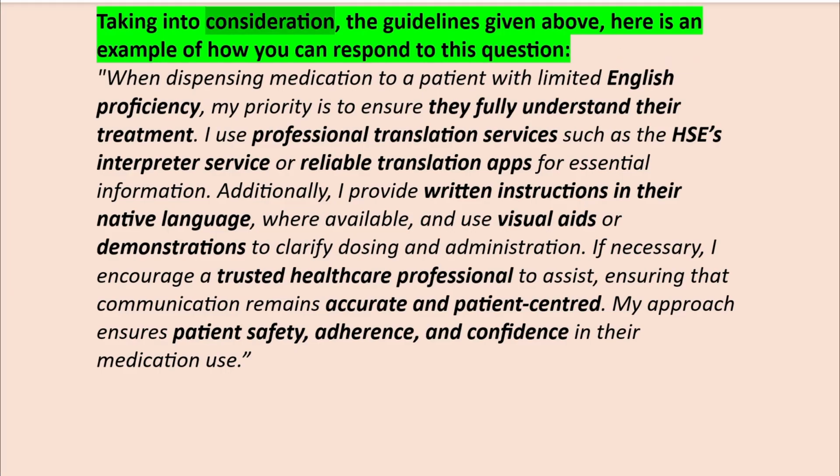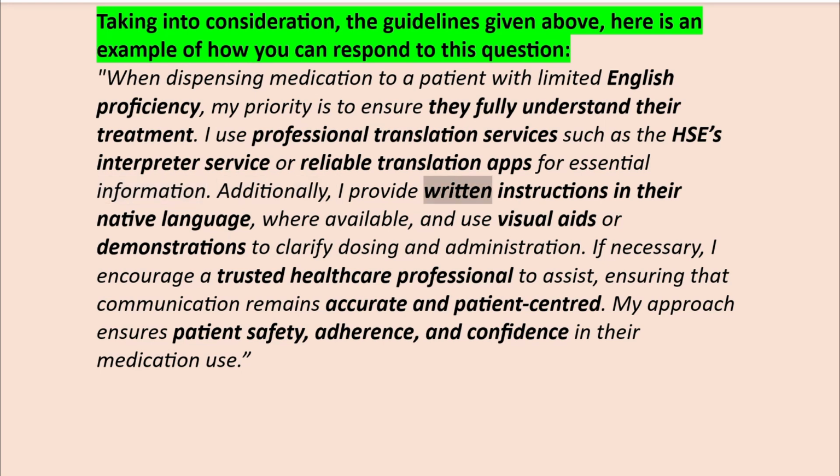Taking into consideration the guidelines given above, here is an example of how you can respond to this question. When dispensing medication to a patient with limited English proficiency, my priority is to ensure they fully understand their treatment. I use professional translation services such as the HSE's interpreter service or reliable translation apps for essential information.